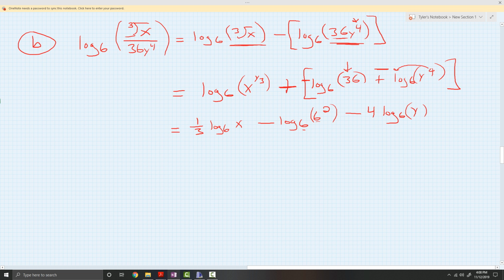So I think the only thing we can do now is reduce down this middle term. This is one of those cancellation properties again. So we're going to be left with just 2, just the exponent. We've done some similar examples like that. So this would become 1/3 log base 6 of x minus 2 minus 4 times log base 6 of y. So that's part B.